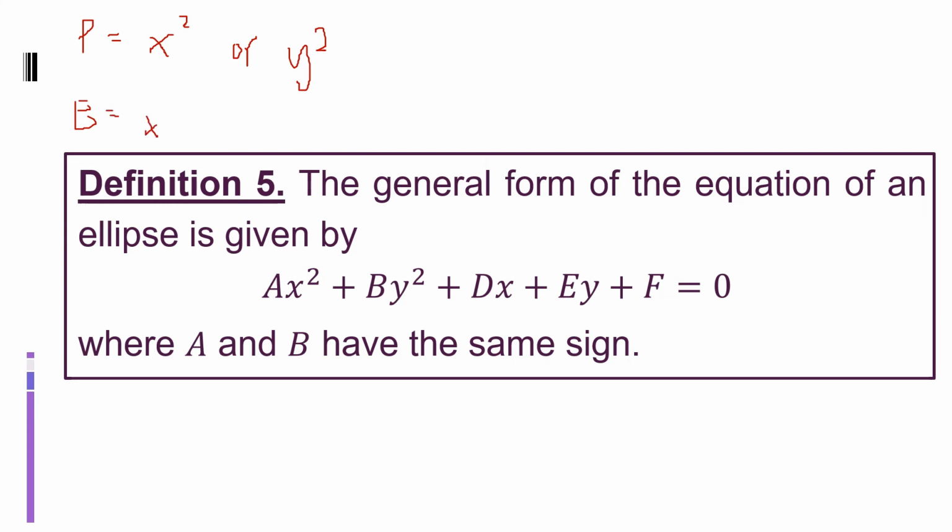Meron tayong x squared, meron din tayong y squared. Pero dapat yung a natin at yung b natin, yung coefficients ng ating squared terms, kailangan sila ay same sign. So, kung positive yung isa, positive din dapat yung isa. Kung negative yung isa, negative din yung isa. Pero usually ay positive silang dalawa.